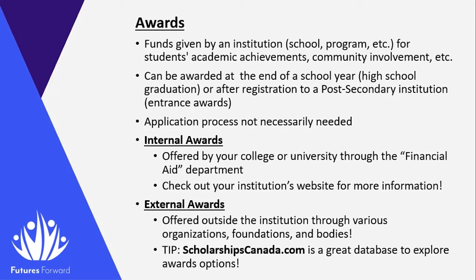You should always check your institution's website for more information. And they also have external awards, offered outside the institution through various organizations, foundations, and bodies. If you check out scholarshipcanada.com, it's a great database to explore those different kinds of award options.